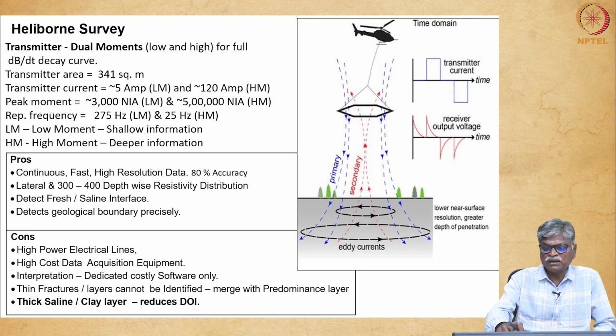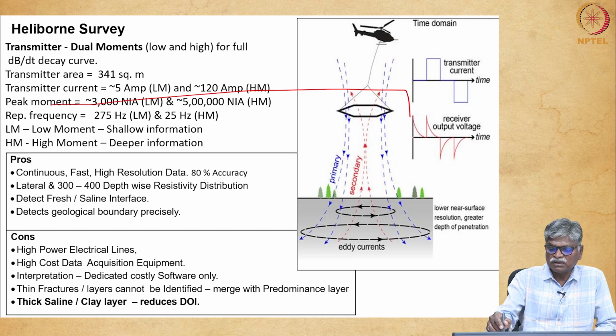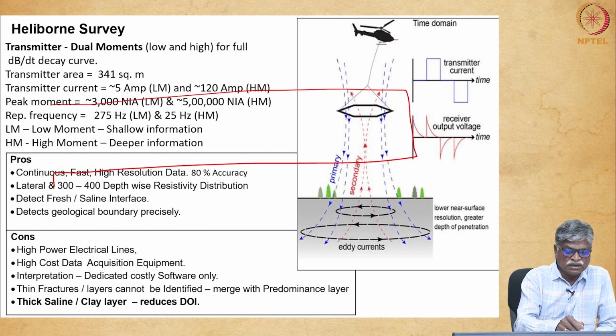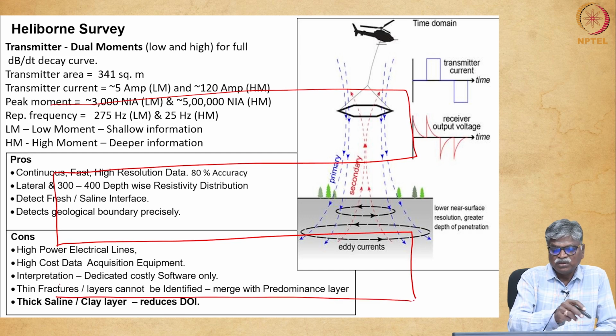It is carried by a helicopter, carrying the same loop, flying like that, again going like that, again like that. So there are so many tracks it will take. So the bigger the area, the more easily it will trace.